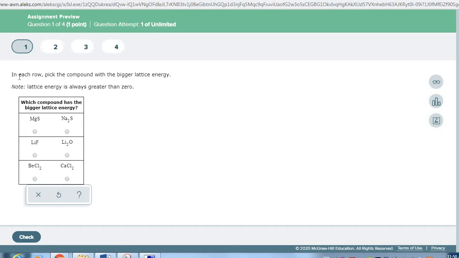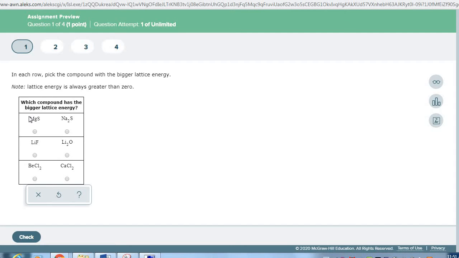So here's a problem. In each row, pick the compound with the bigger lattice energy. We have magnesium sulfide or sodium sulfide. Let's look at the two things. Charge is the biggest. Magnesium has a +2. If you don't know how to find the charge on magnesium, then we need to talk.